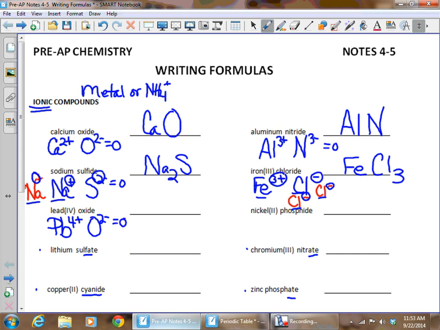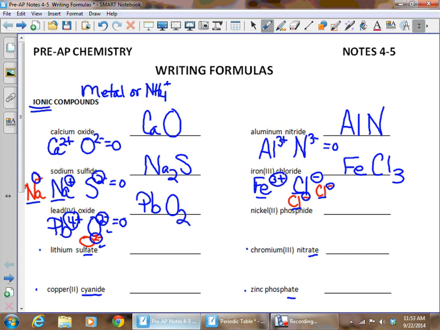Looks like the only way we're going to be able to do that is to get another oxygen ion present. If we do that, notice now that we have our 4 positives over here and we have 2, 4 negatives for our oxygens. We know the compound contains lead and oxygen, and with our 2 oxygens, our formula for lead 4 oxide is PbO2.